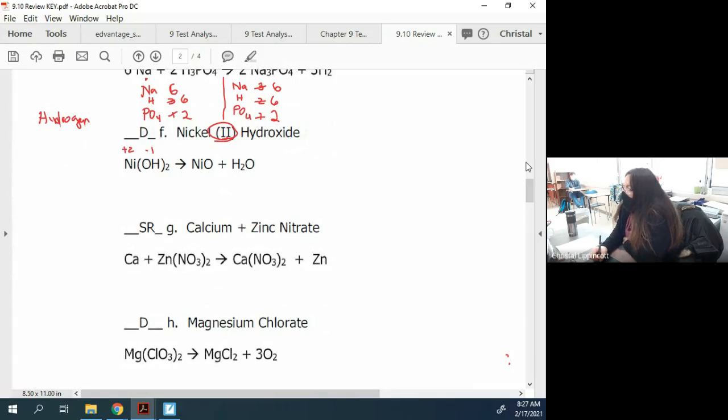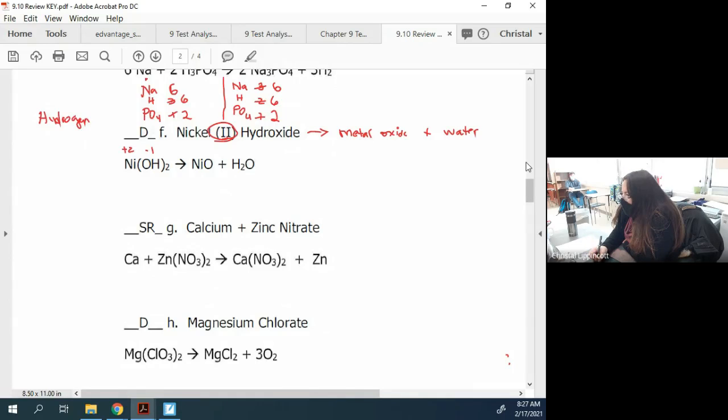Now, they didn't tell me what it forms, so I'm going to go to my sheet. It tells me that when I have a metal hydroxide, it forms a metal oxide plus water. Okay, so I need to find my metal here.